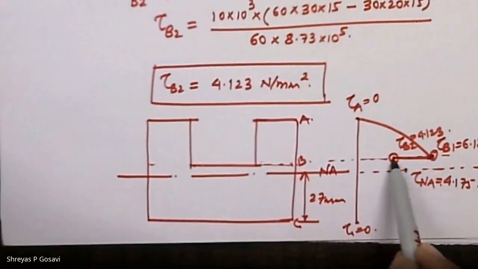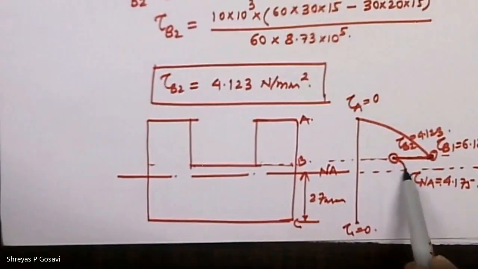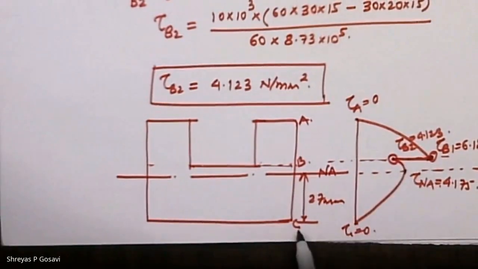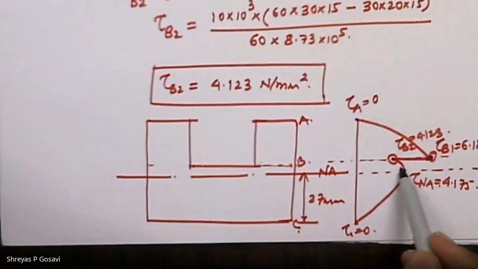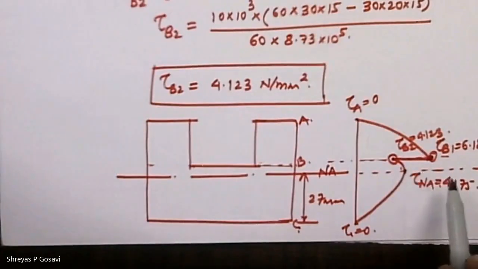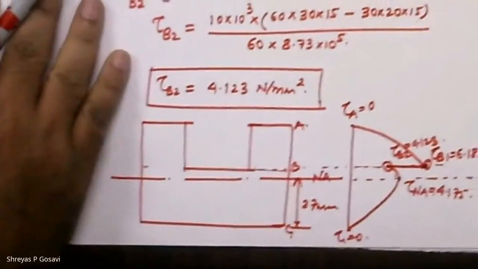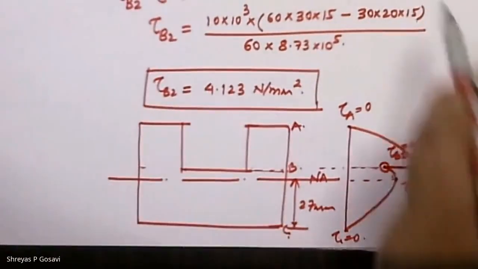And again from B2 to neutral axis, it will be a parabolic path, and from neutral axis to tau at C, again this will be a parabolic curve. This is how we plot the shear stress distribution diagram for the given section.